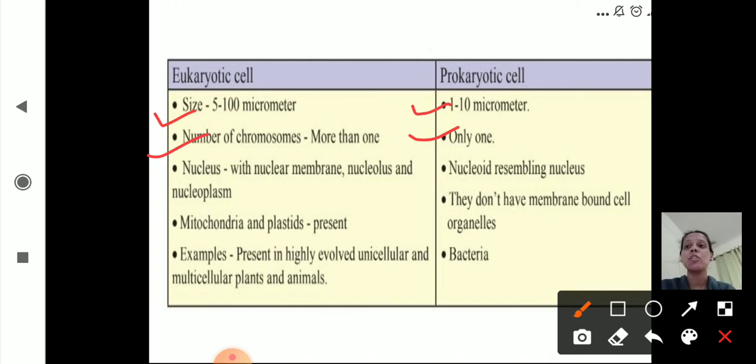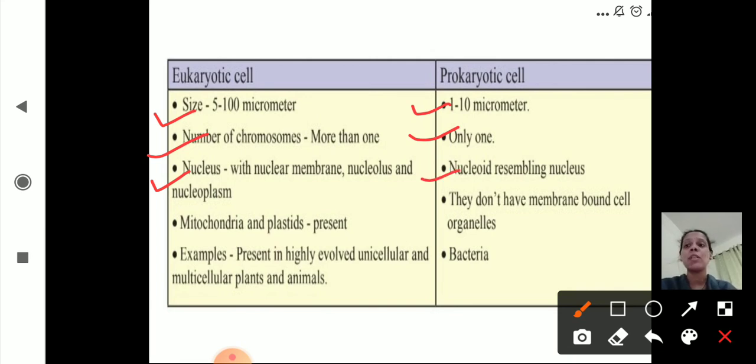Now the next one is the nucleus. Eukaryotic cells have a nucleus with a nuclear membrane, nucleolus and nucleoplasm, and in prokaryotic cells there is a nucleoid resembling a nucleus.